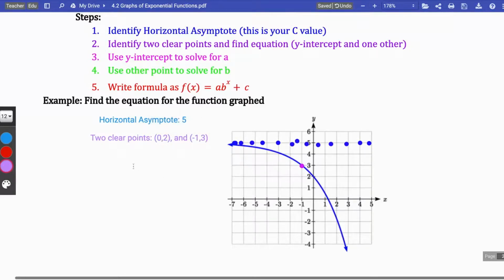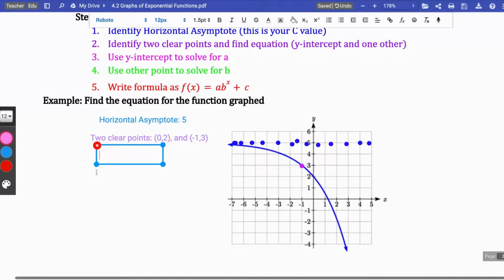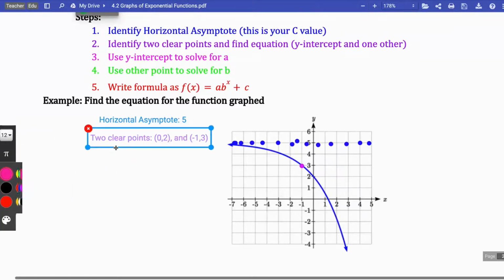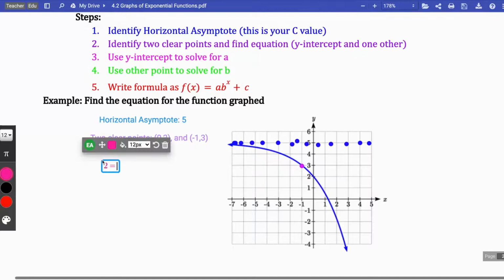The next step we said was to use the y-intercept to solve for a. So I'm going to do that. So my y-intercept was (0, 2). So I'm going to say 2 equals a b to the 0. Actually, you know what? Let's use the equation box, so that way there's no confusion. So 2 equals a b to the 0, and remember, plus 5.